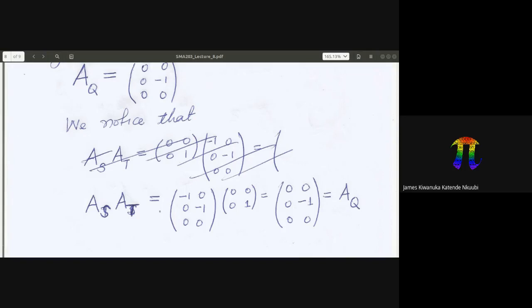Where is it? It was 3. Part 5, this is one. What is this one?